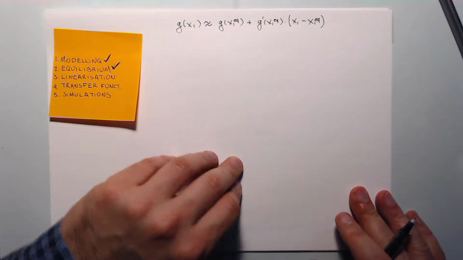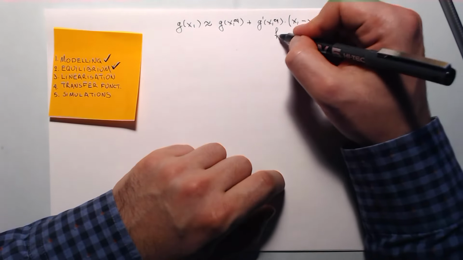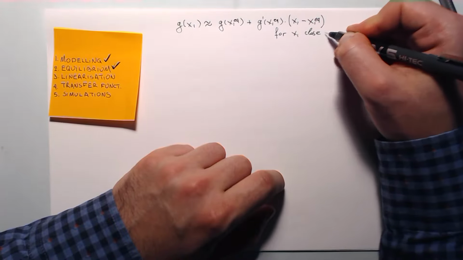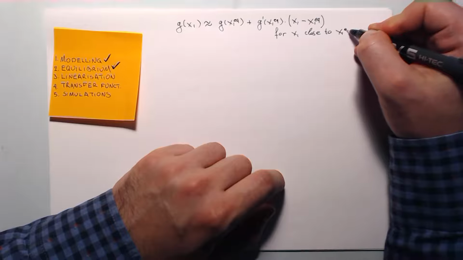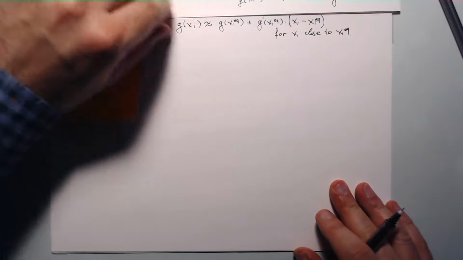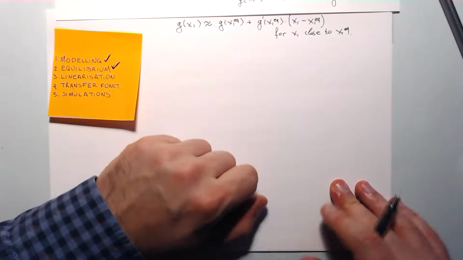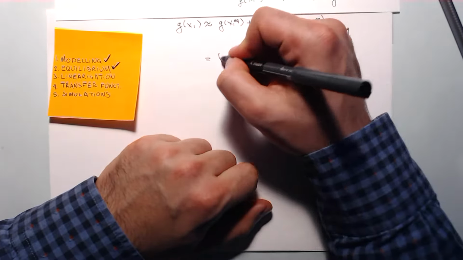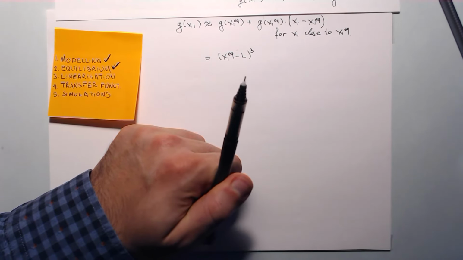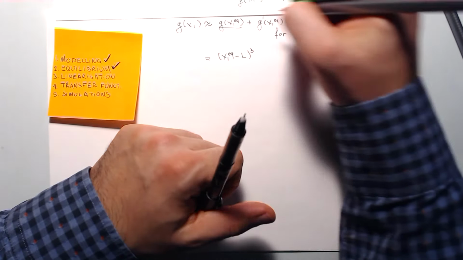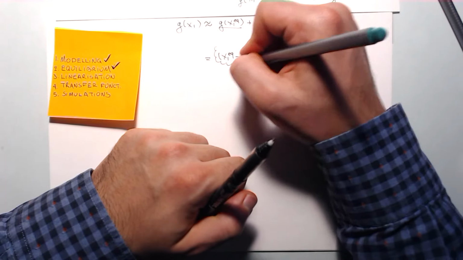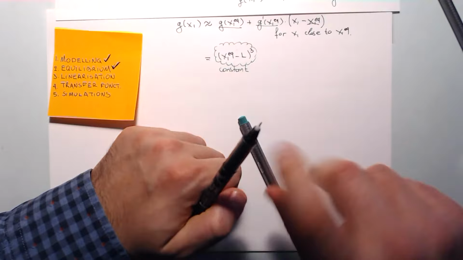So this is Taylor's approximation theorem. We should rather write here for x1 close to x1 EQ. Now let's see what is g at x1 EQ. This is this thing. Now before we move on, all these quantities are constant. This quantity over here is a constant.